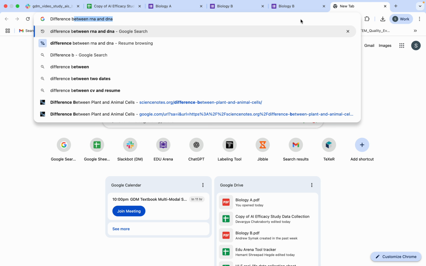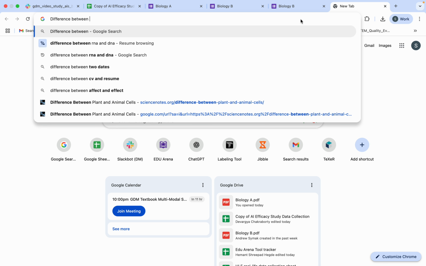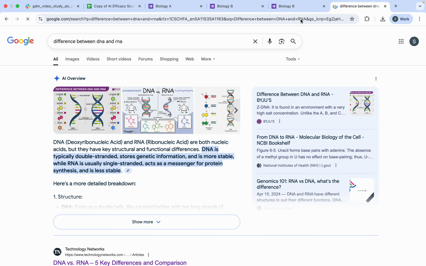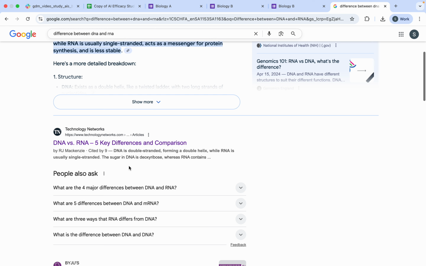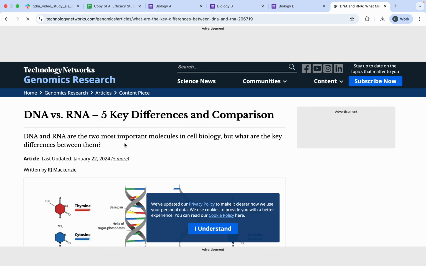So let's compare the difference between DNA and RNA. Okay, so here are 5 key differences and comparisons.